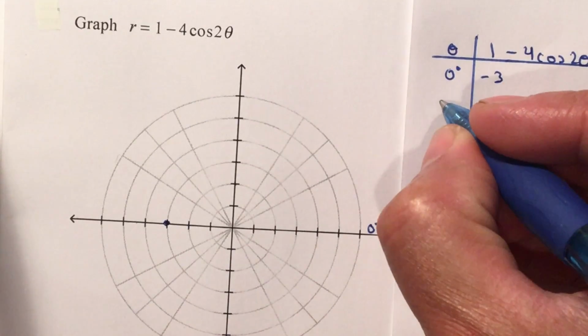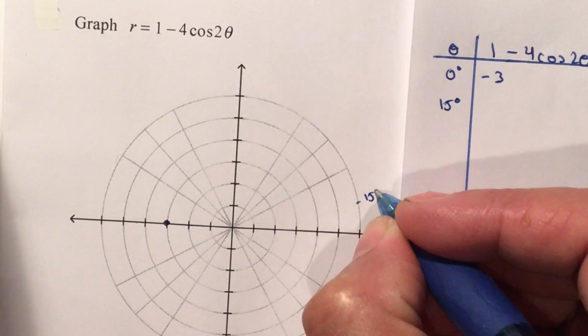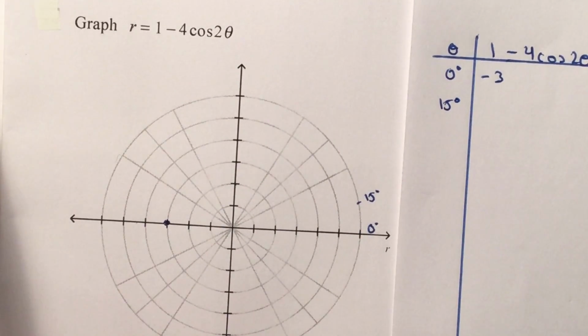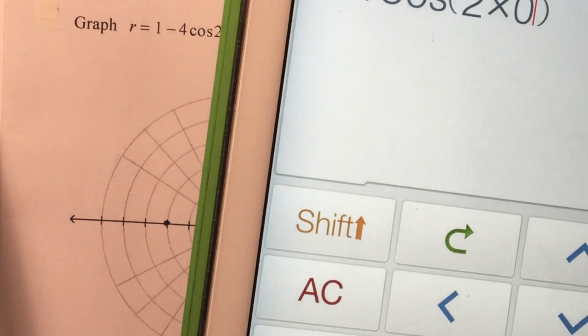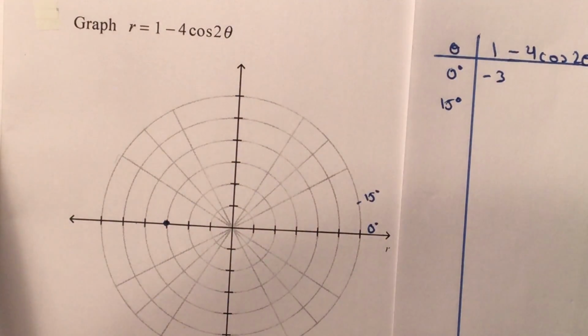And now I'm going to plug in 15 degrees. This is 15 degrees. I'm going to go back and make sure that you calculate on degrees. Right now my calculator is on radians, so I need to change it to degrees.